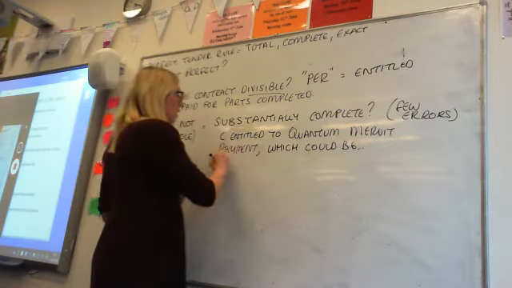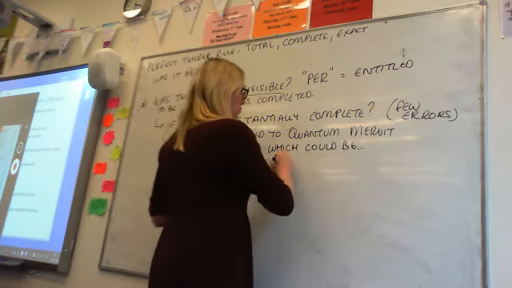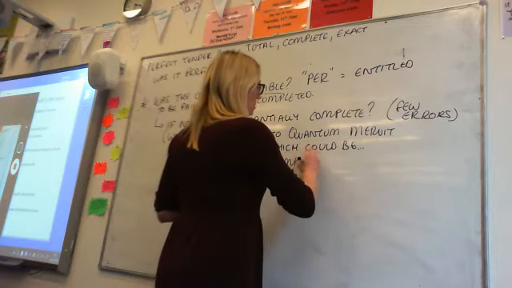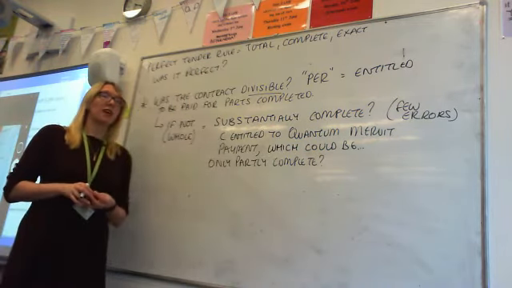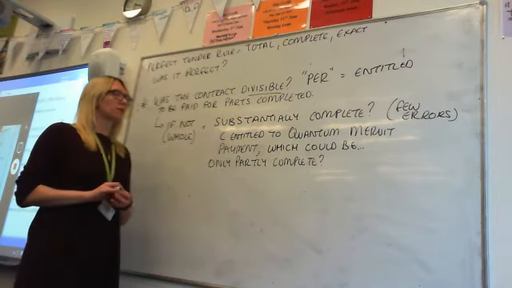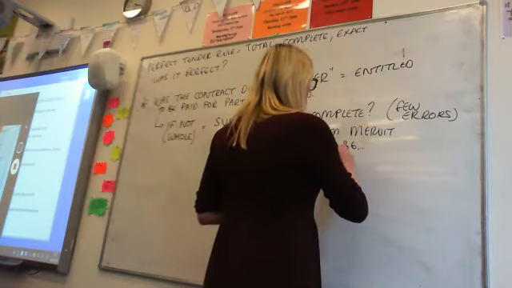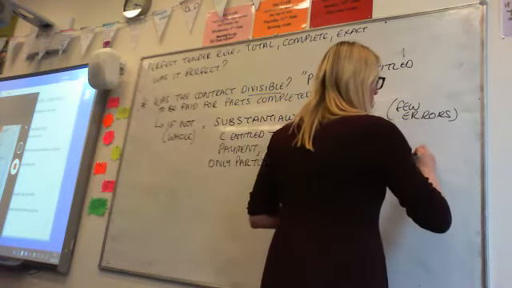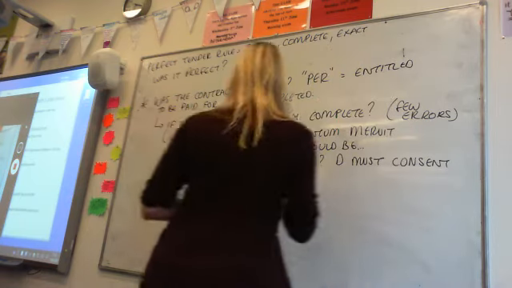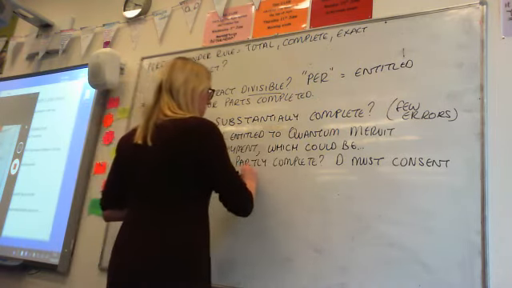If it's only partly complete, and that will be based on the circumstances of the case or the circumstances of your exam scenario, then the defendant must consent to accepting part performance.